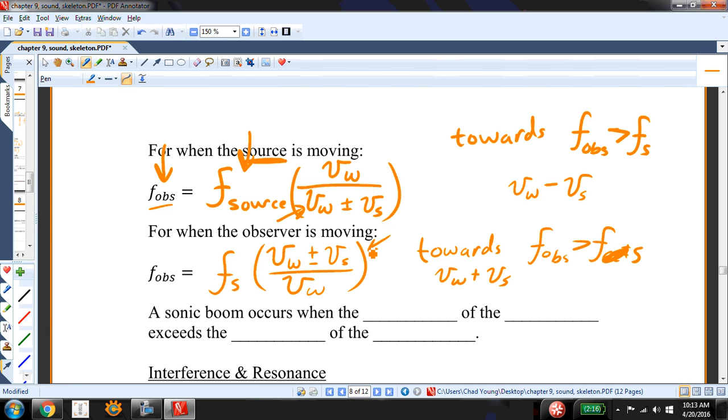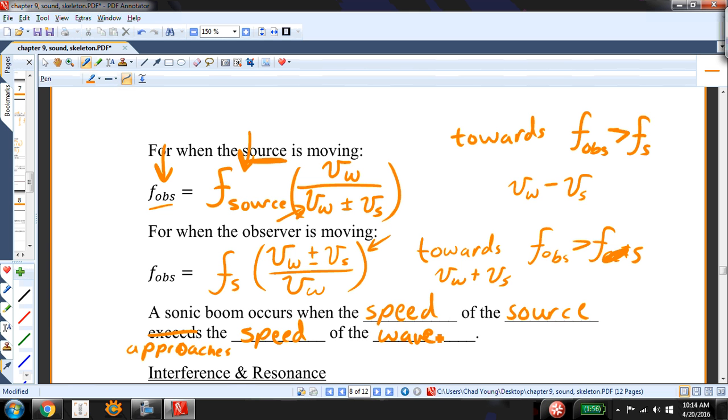Now, a sonic boom occurs when the speed of the source exceeds, actually, a better way to think about this is that it approaches and maybe exceeds the speed of sound a little bit, the speed of the wave.